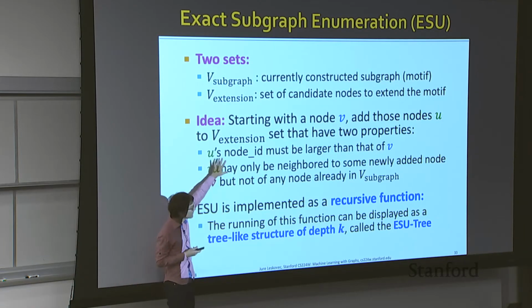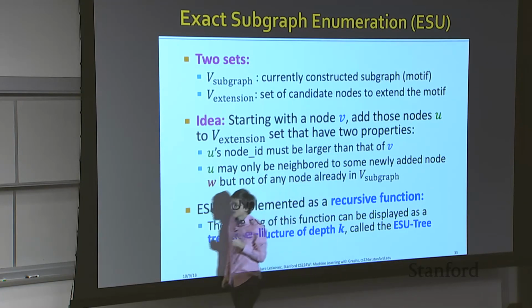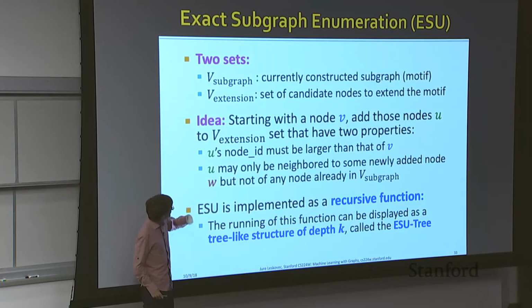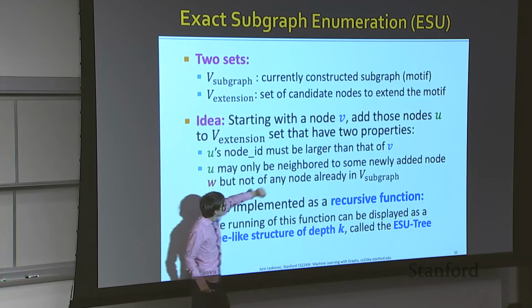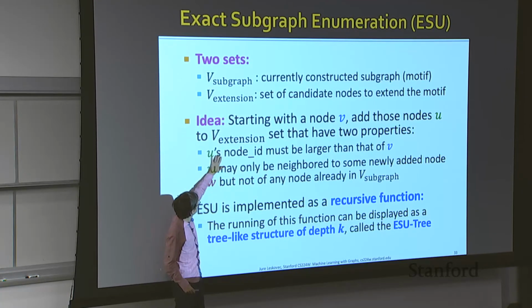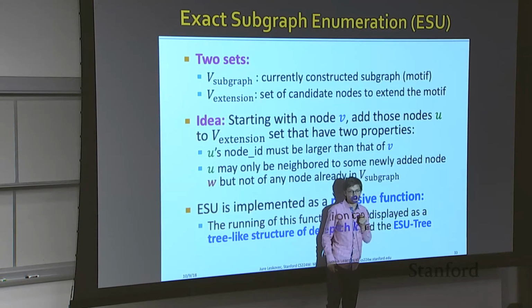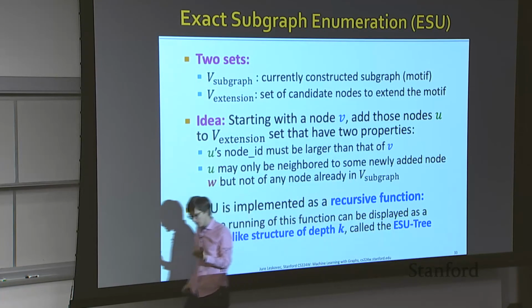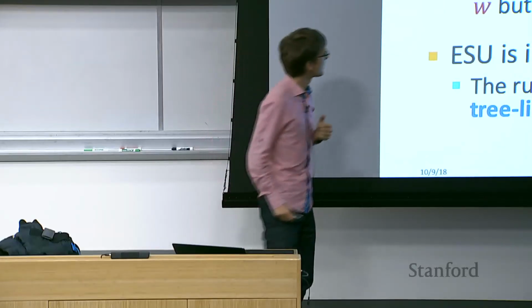And the idea will be the following. Here's the main idea for the algorithm. We will start at some node V, and then we will add new nodes U to the extension set, such that these nodes U have 2 properties. First, U's node ID must be greater than that of node V. The reason we have this condition is because we don't want to generate the same graph multiple times.